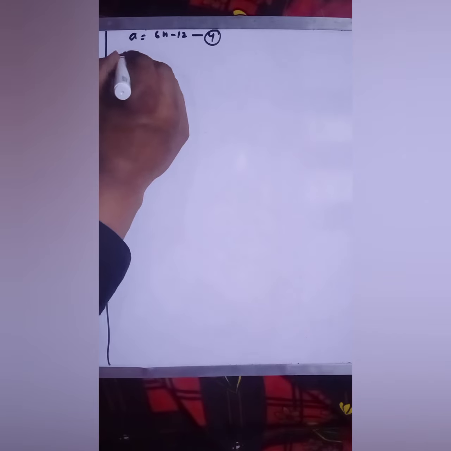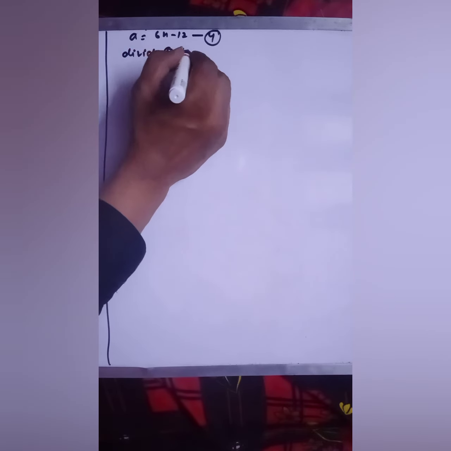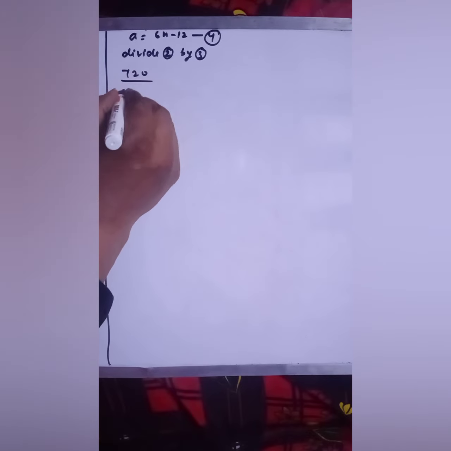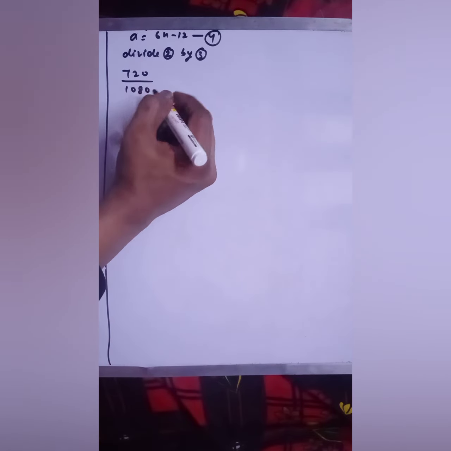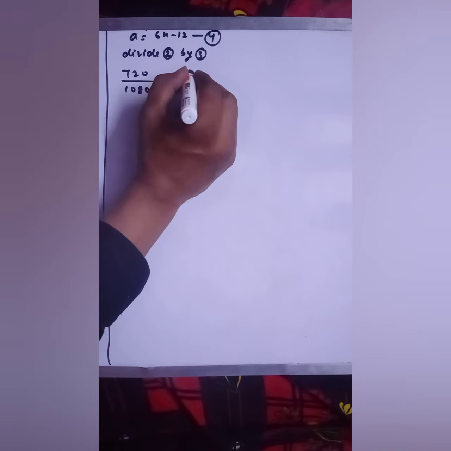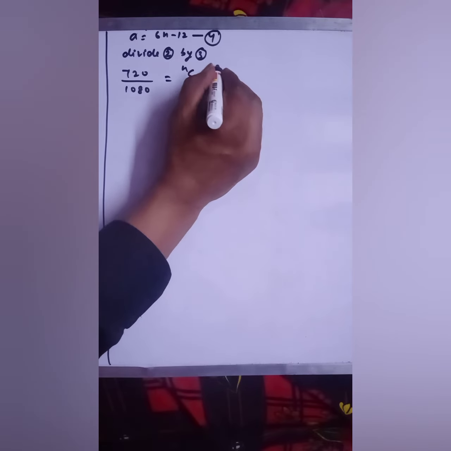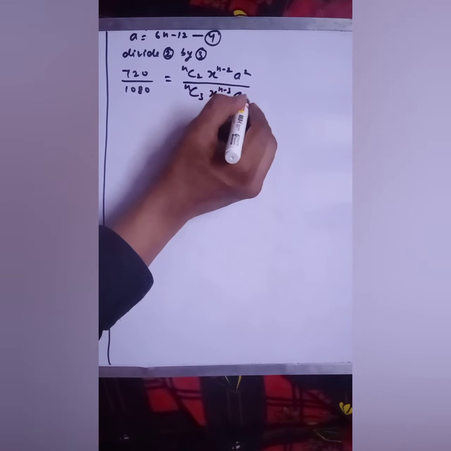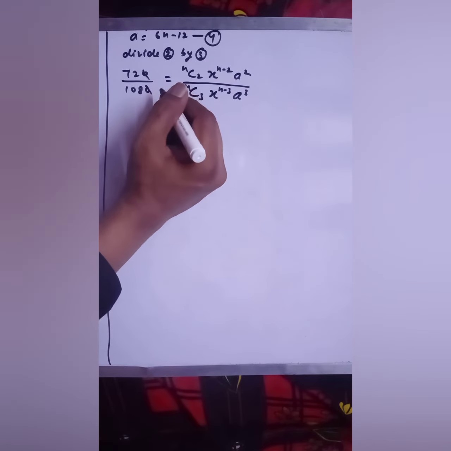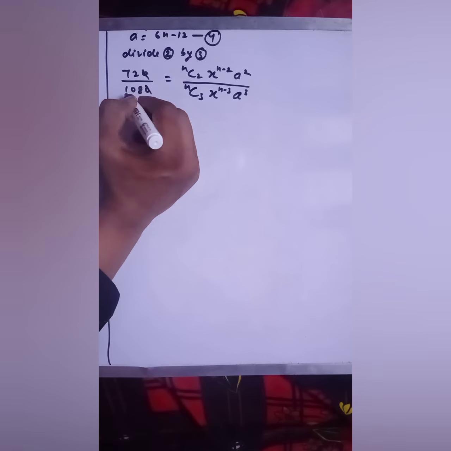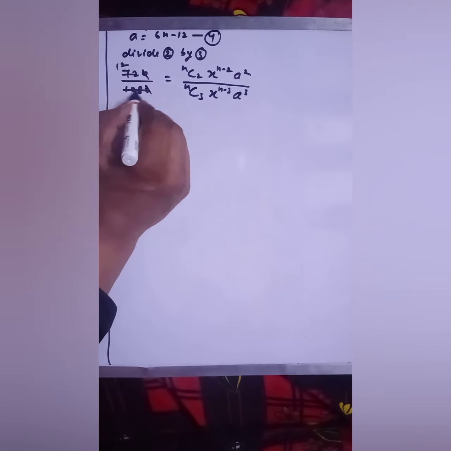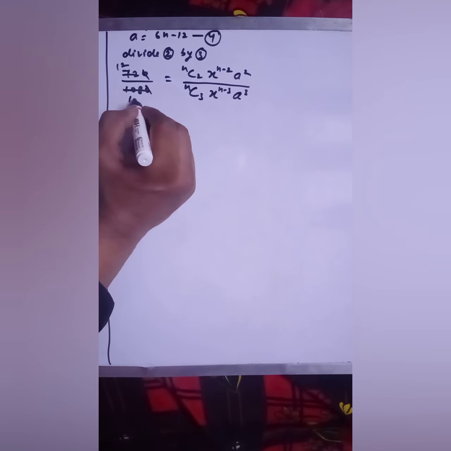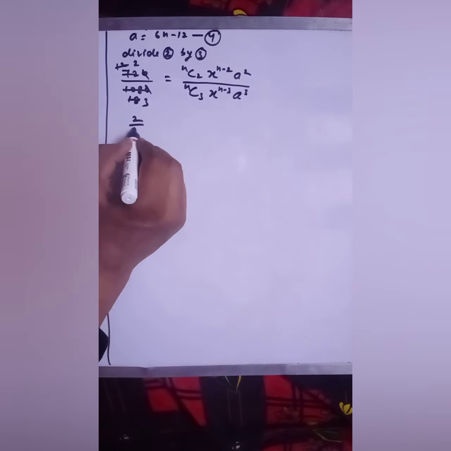And next is I'm dividing second by 3. So here you will get 720 over 1080, that is equals to nC2, this will come, 0 and 0 will cancel out, and here you will get 2 by 3.